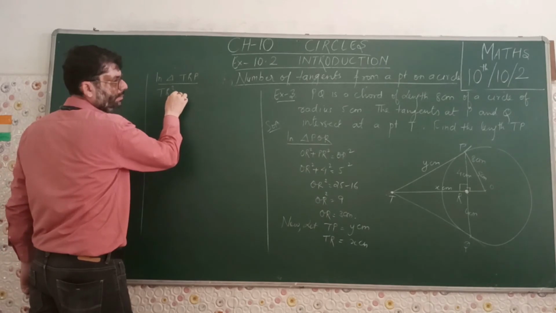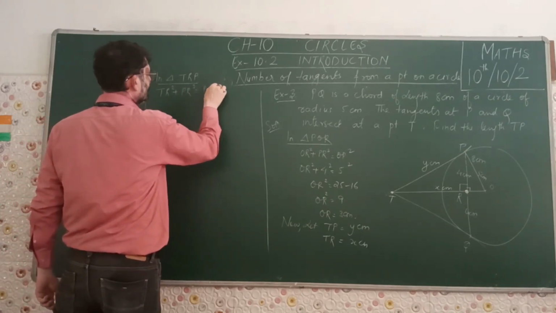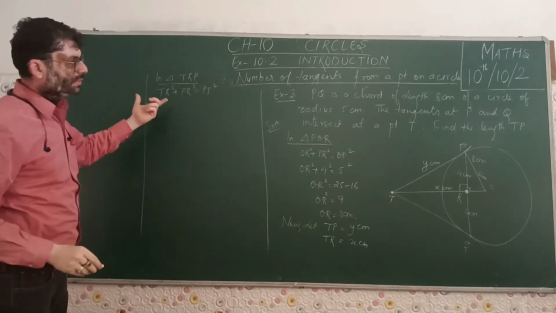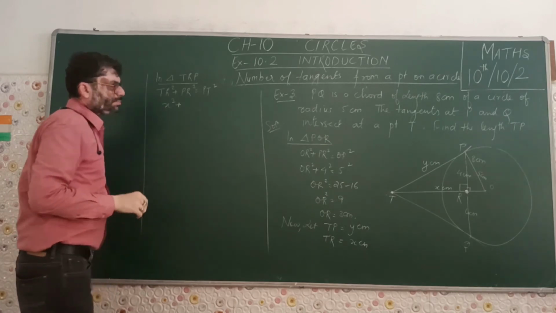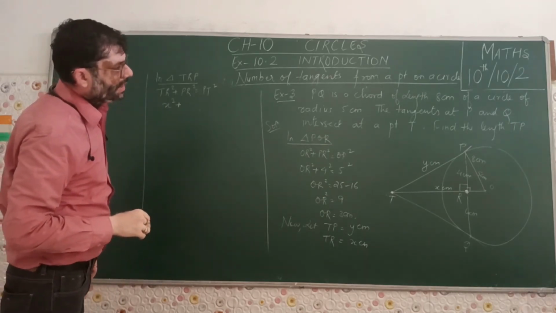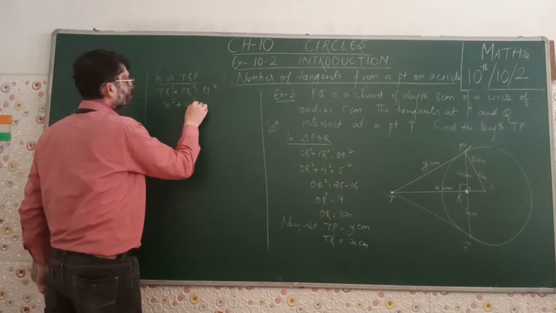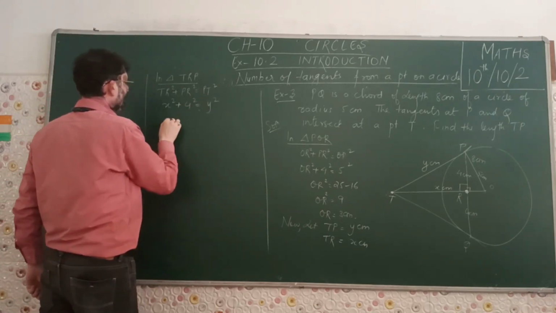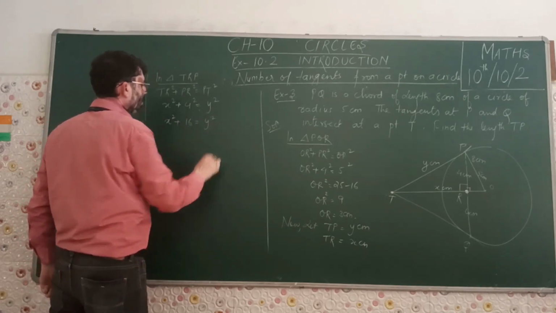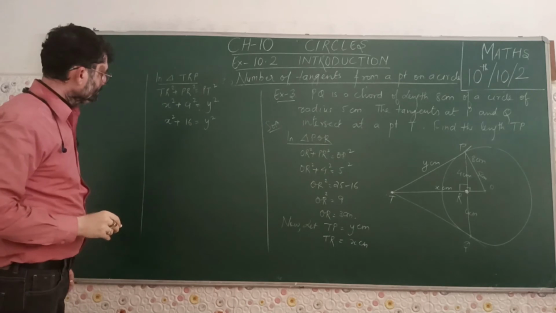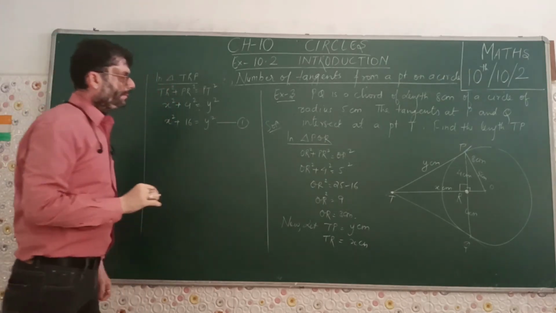So TR square, TR was x. So this is x square plus PR square. PR was 4, so if you square it, this is 4 square and this is y square. x square plus 16 is equal to y square. Keep this one as equation number 1.